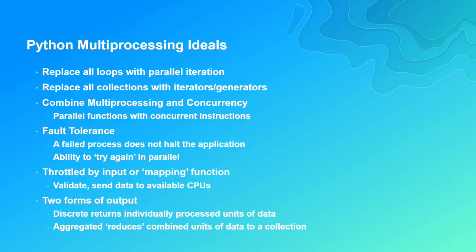loops themselves can be thought of as a form of congestion. So instead of having a function looping over and over again, it's usually better in a multiprocessing world to use parallelized iteration and iterators or generator statements.